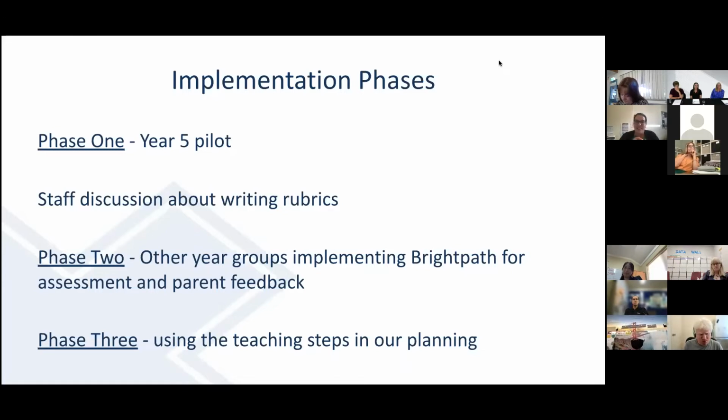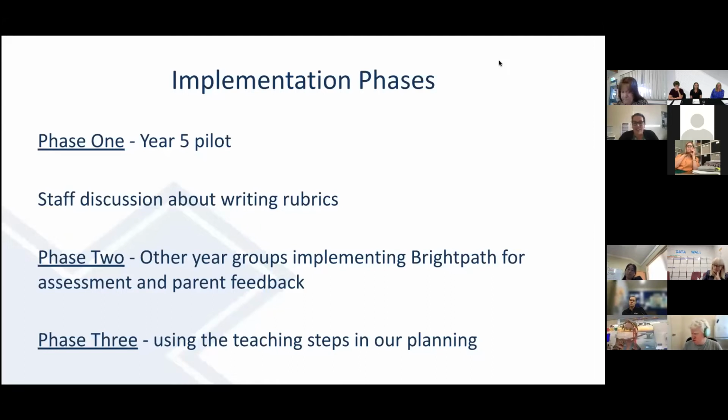So the next phase after year 5 was getting other year groups implementing Brightpath into our assessment. So we use it for our pre and post assessment. And right from the beginning, we used it to provide feedback to parents. And I'm actually going to talk about that in more detail later.